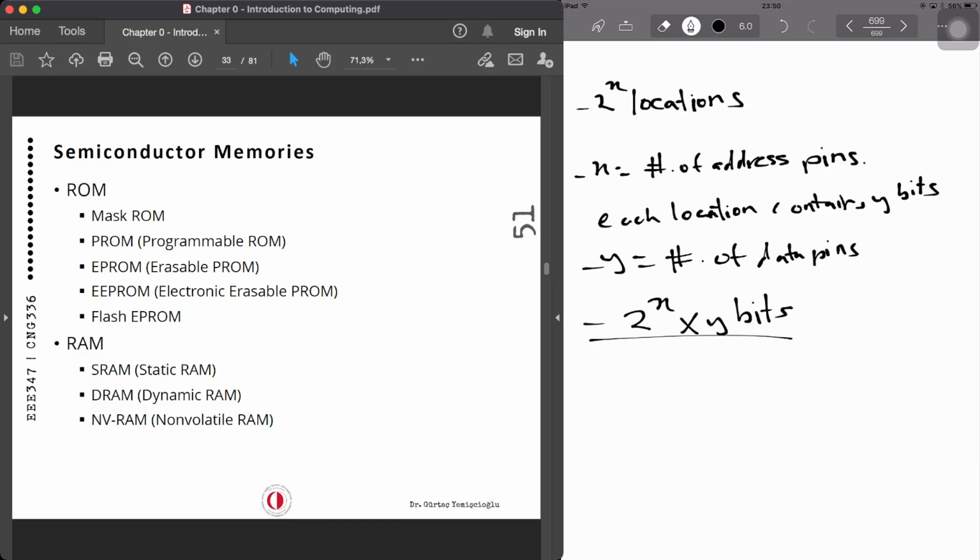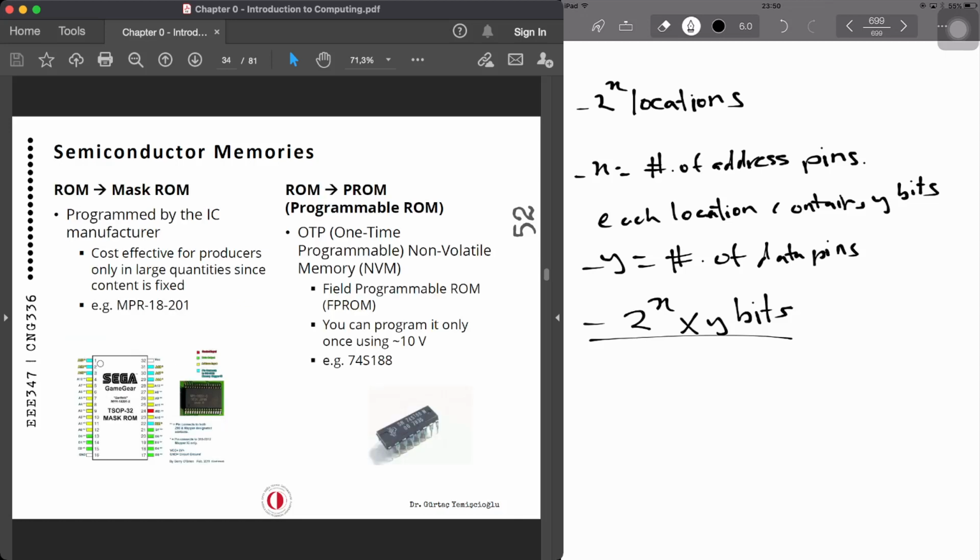Okay, so let's get into these different types of memories and let's see how they are different from each other. ROM types: mask ROM and programmable ROM. Now, mask ROM is actually manufactured and programmed while manufacturing it.